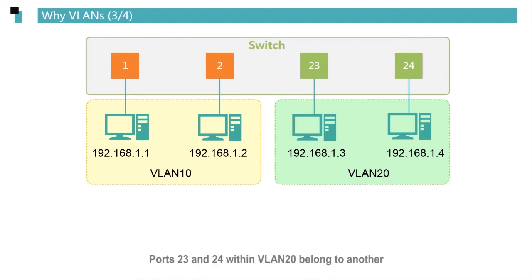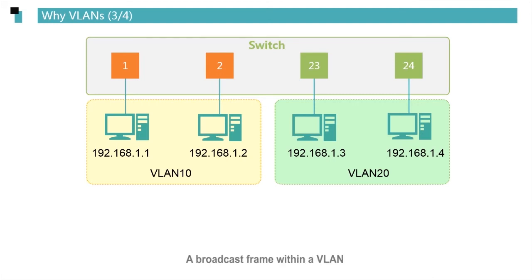Ports 23 and 24 within VLAN 20 belong to another VLAN and broadcast domain. PCs within VLAN 20 can communicate with each other. Users in different VLANs are isolated if there are no routing devices.